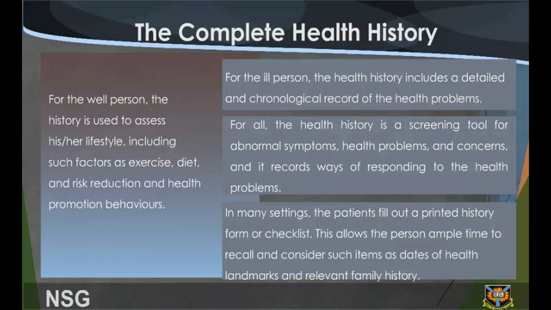In many settings, the patients fill out a printed history form or checklist. This allows the person ample time to recall and consider such items as dates of health landmarks and relevant family history.